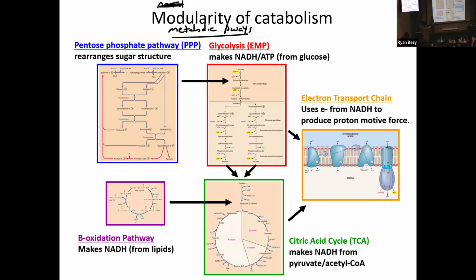For each metabolic pathway, like glycolysis, know the input, know the output for each pathway. What goes into glycolysis, what comes out of glycolysis. What goes into citric acid cycle, what comes out of citric acid cycle. What goes into fermentation, what comes out of fermentation.